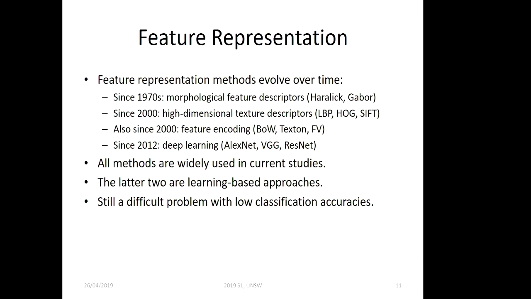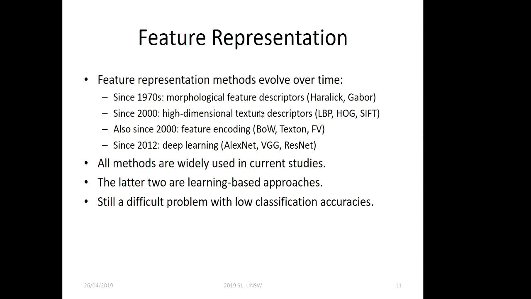Even now, many studies have integrated these descriptors with deep learning to get improved performance. So it means that they can still give you some useful information apart from deep learning.